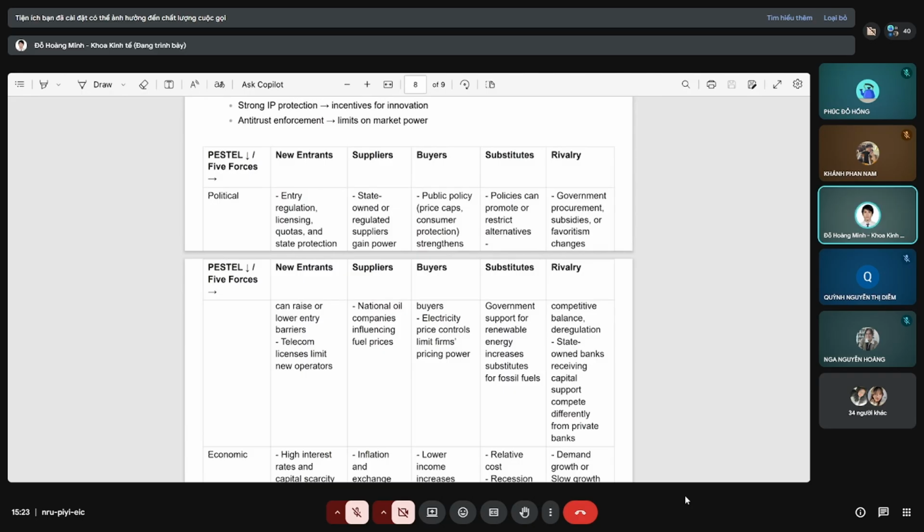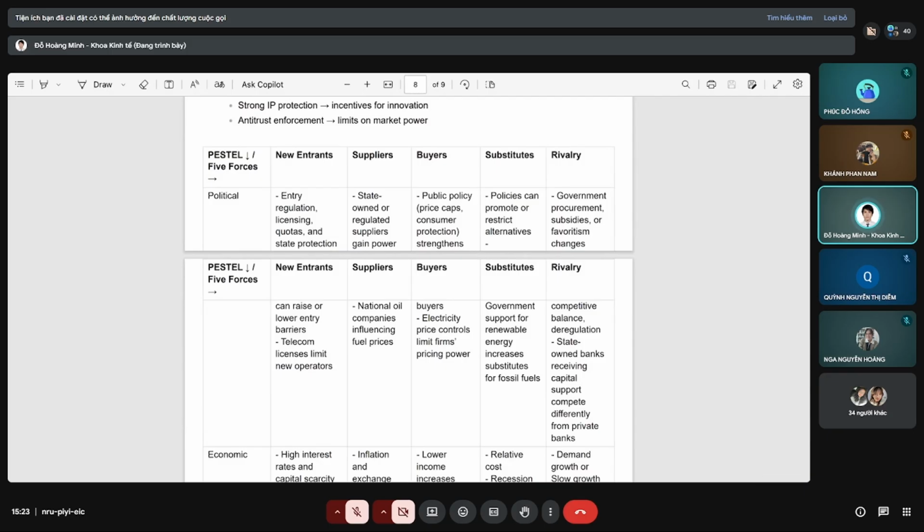So those factors can lift up or heighten the entry barrier. So that is the way the political factors can manipulate the first competitive force.